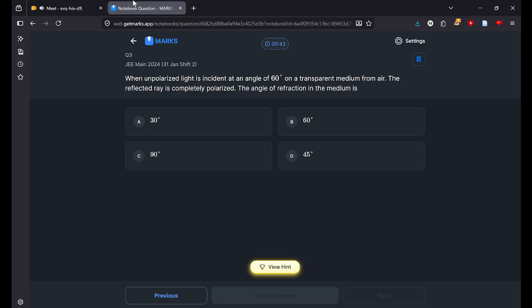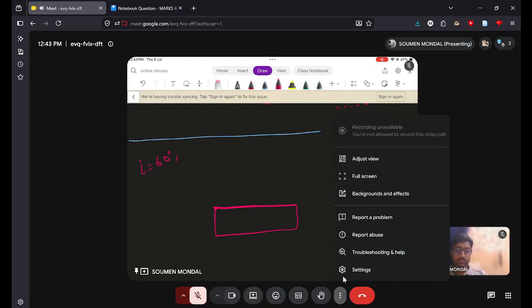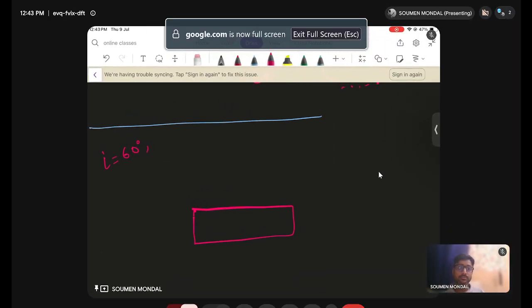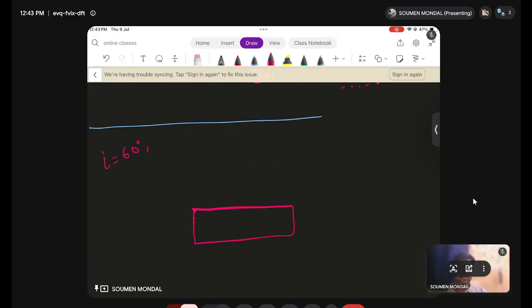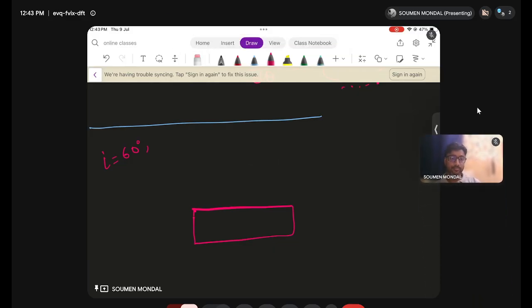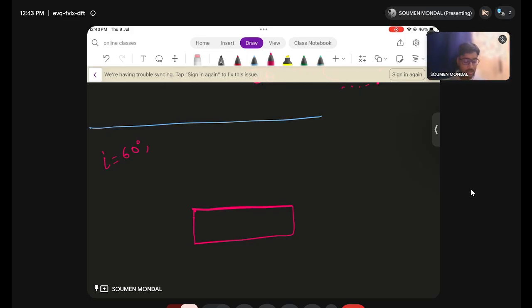So let me go back to the board again. This is air, light rays coming from air, falling on the interface of the medium and reflected. The reflected ray is 100% polarized. So this is a case of polarization by reflection, which means we are studying Brewster's law.